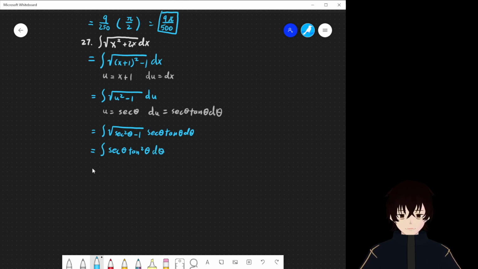Ooh. This means we'll have to do secant theta times secant squared theta minus 1 d theta, giving us secant cubed theta minus secant theta d theta.